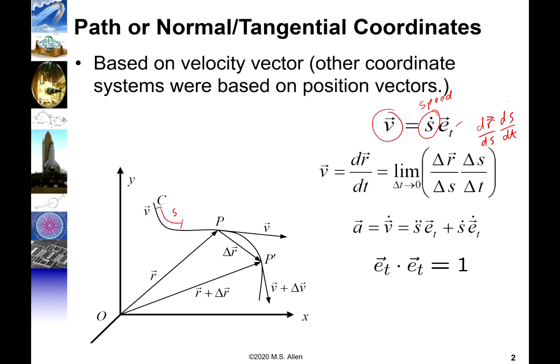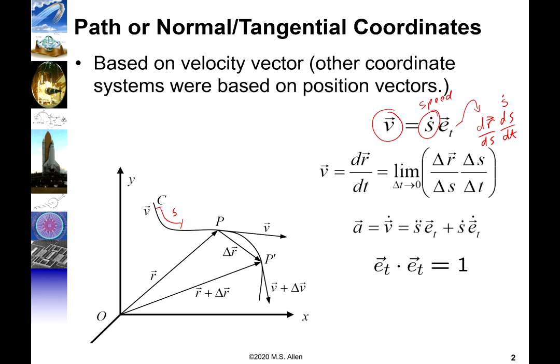So this tells us that et has to be the derivative of the position vector with respect to the length along the path. If we knew what our position was as a function of position along the path, we could take that derivative. Say we had a bunch of GPS coordinates or something.